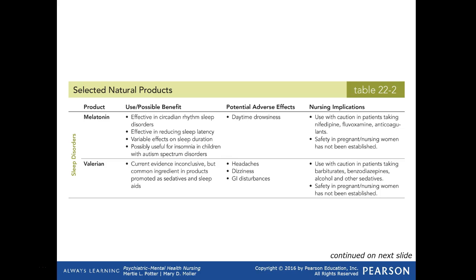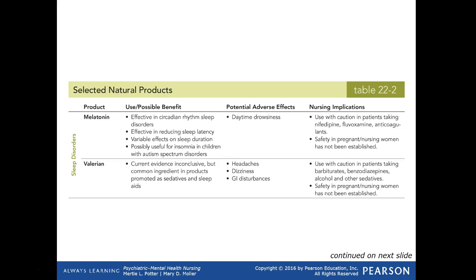Some natural products that we're going to talk about, some things that you're going to see and need to understand. Melatonin. I know you've probably heard about melatonin. It's basically the thing that's found in turkey that makes you sleepy after Thanksgiving. But on this slide, you see where it says the use or possible benefits, potential adverse effects, and nursing implications. Look at these. If you notice, this also says for sleep disorder.